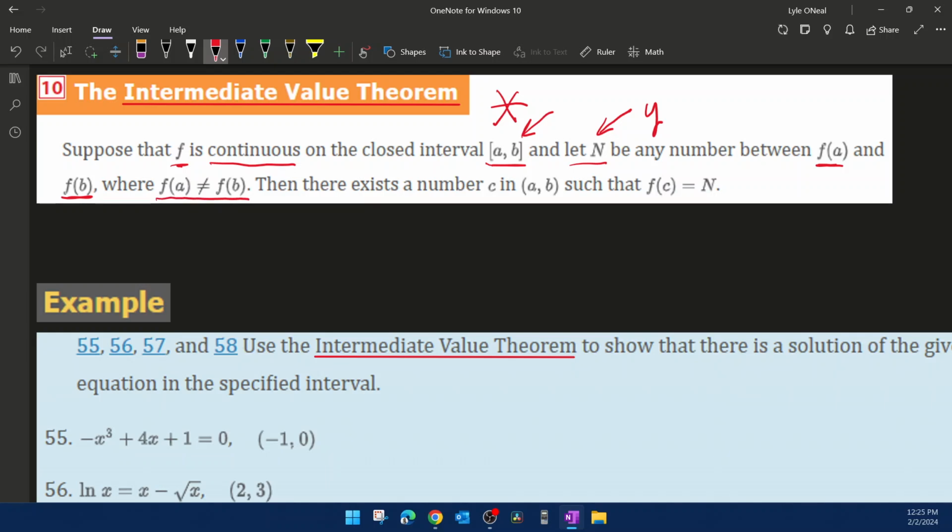Notice this restriction that the endpoints of the interval cannot be at the same height. It says if all of this criteria is met, then there will exist a number c on the open interval a, b. Notice that makes c an x value, because a comma b would be from an x1 to an x2, where f of c will equal n.